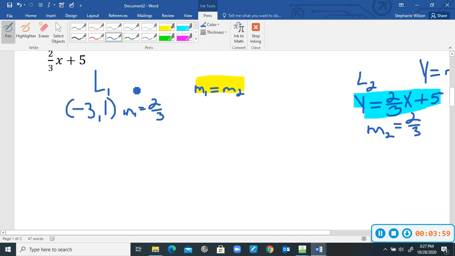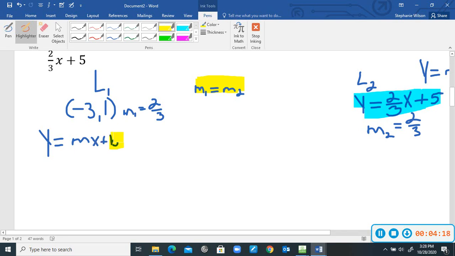I like to use this one method. If you want to use the point-slope formula, you are more than welcome to. If you haven't heard of it, I have created a video over it that's uploaded as well. But I want to do this because I know that I have my y value, my x value, and my m.